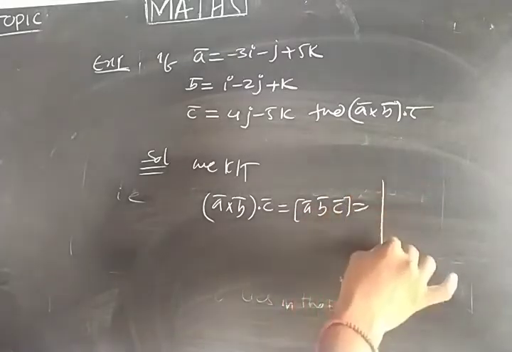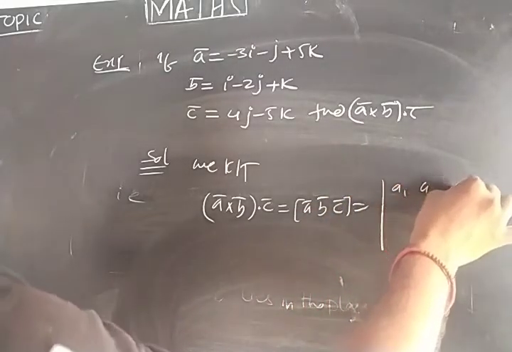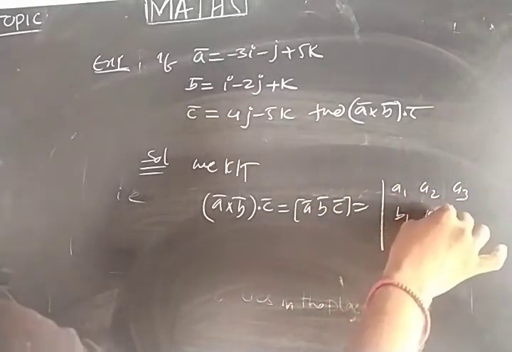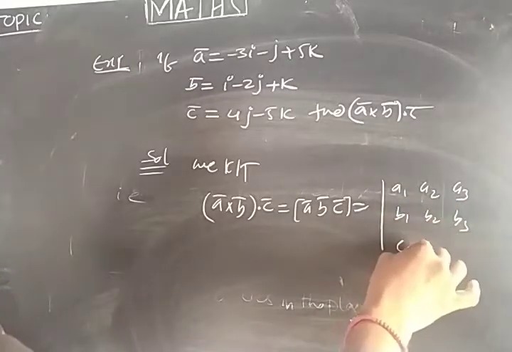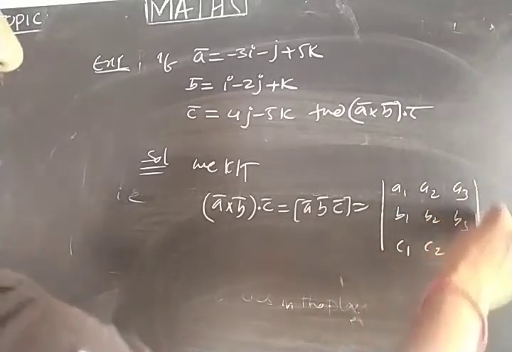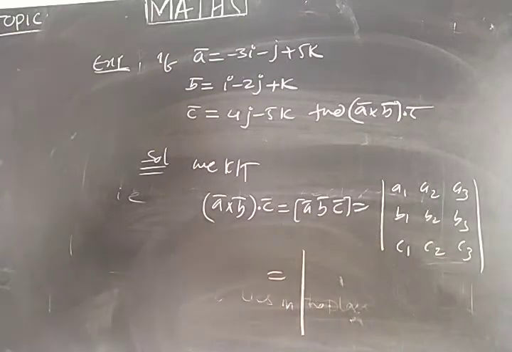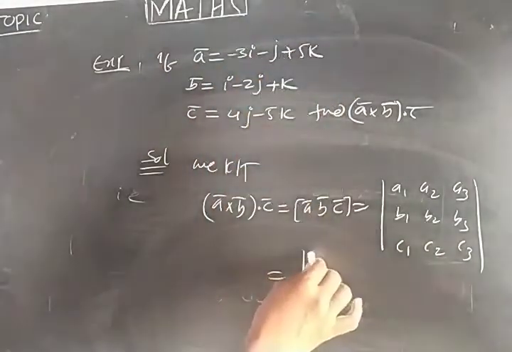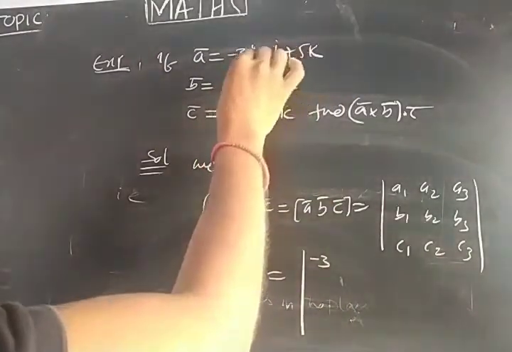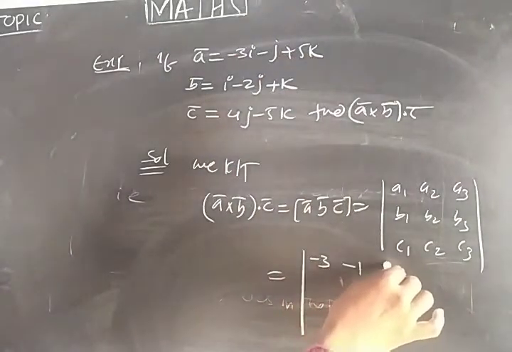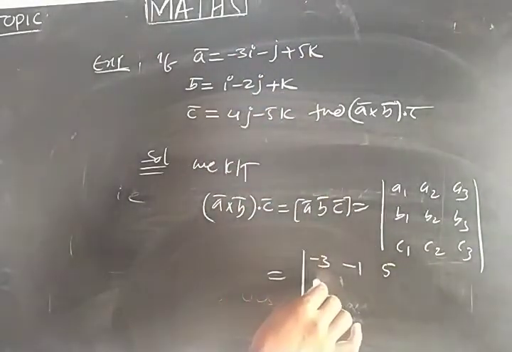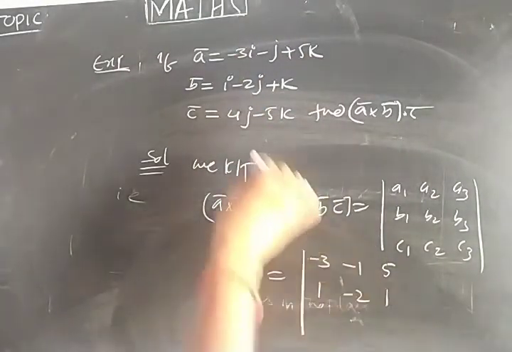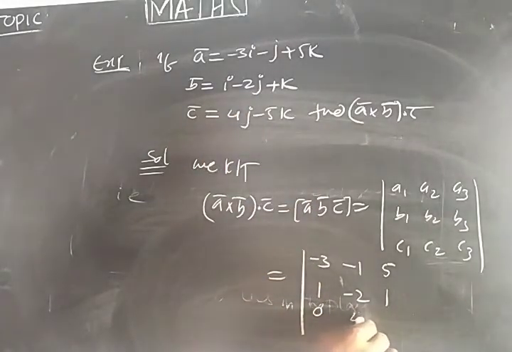How can we find bracket ABC? A1, A2, A3, B1, B2, B3, C1, C2, C3. A bar components are -3, -1, 5. B bar components 1, -2, 1. C bar components 0, 4, -5.